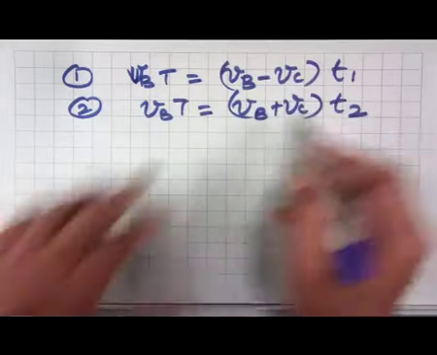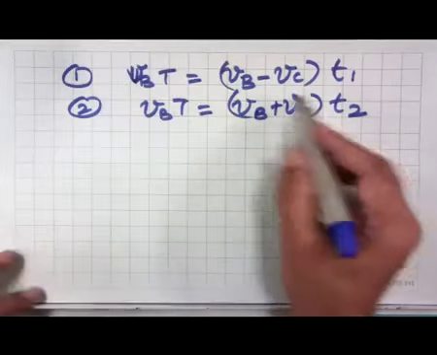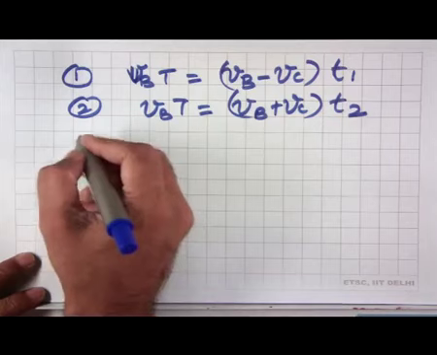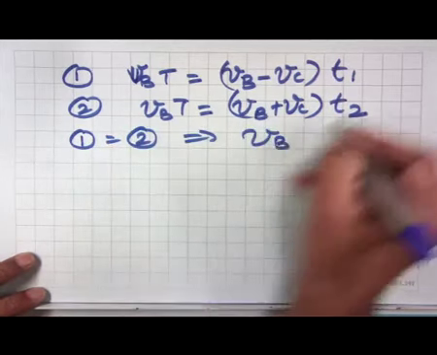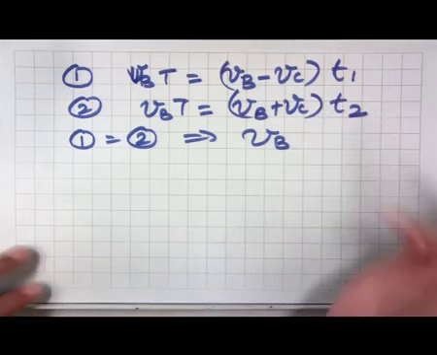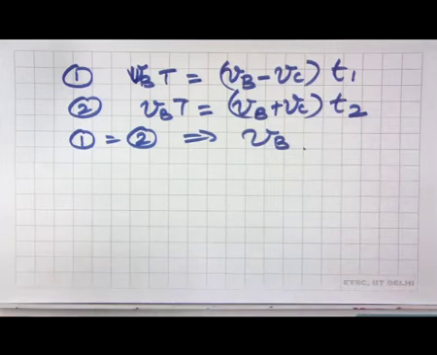We equate these two, so the left hand side will go away. Equating 1 and 2 will give us the value of Vb, because we know Vc, t1 and t2, and then we can find T.